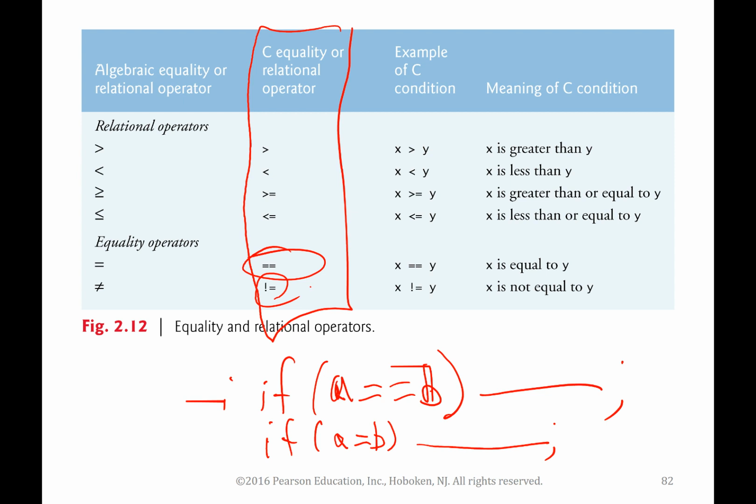He's looking for a female, and he might also say if gender equals F and age is greater than 20 and age is less than 30. So now you're putting more conditions on a potential spouse.